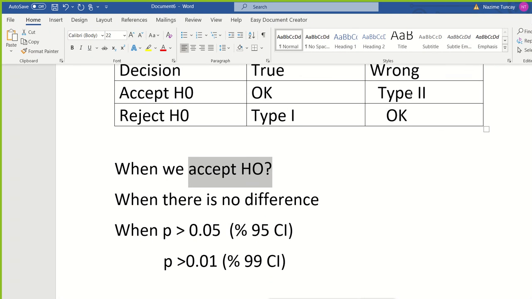Yes, that's accepting, rejecting, and errors in biostatistics. We have to know that there may be some errors around, and we have to learn to question everything.